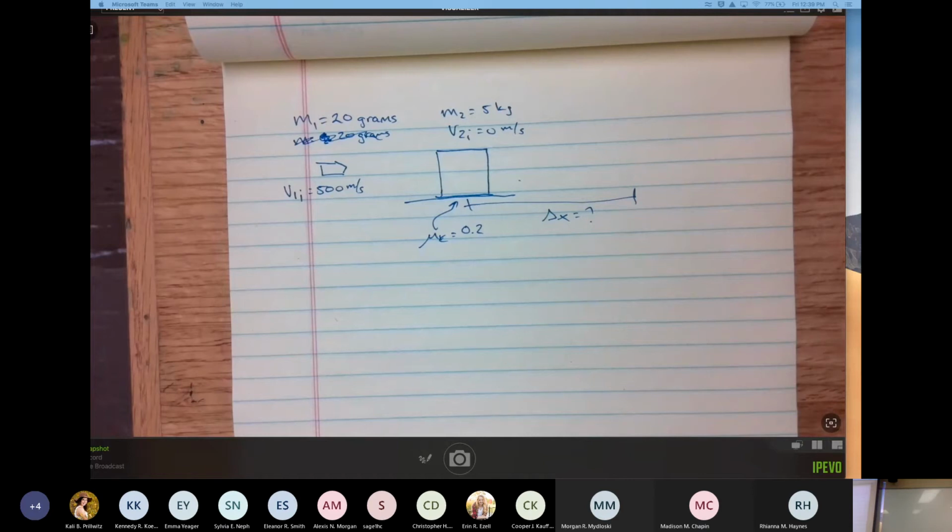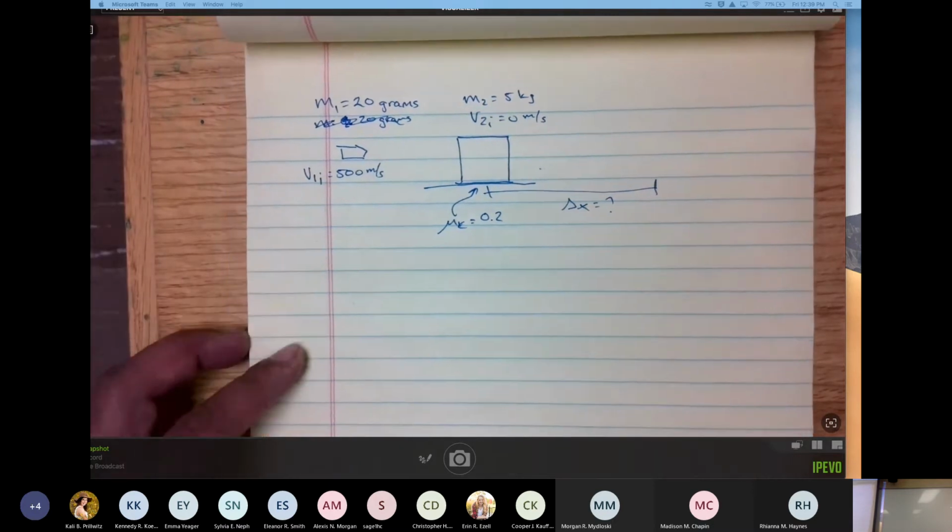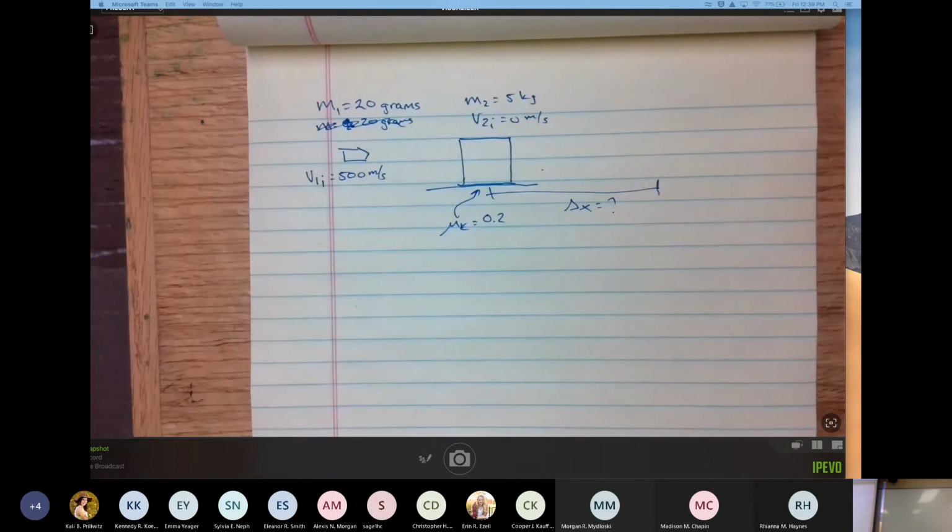And this initial velocity, is it going to be 0? No, it's going to be the velocity of the block and the bullet after the collision. How do you solve for that? Okay, I can figure it out.